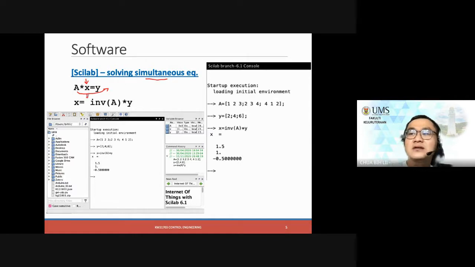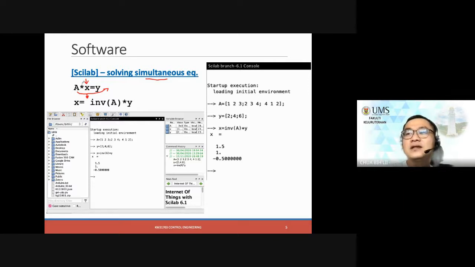But remember, in programming, the computer will never understand this, A multiplied by x on the left hand side. They will only accept a term equal to whatever equations you have on the right hand side.